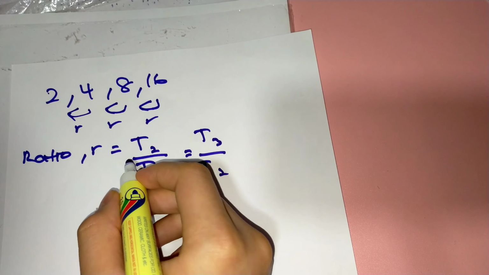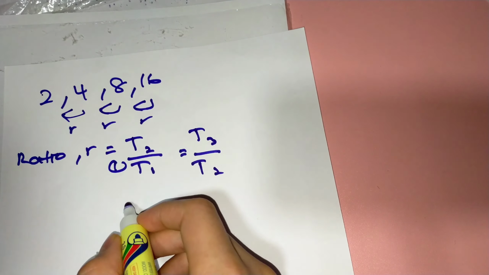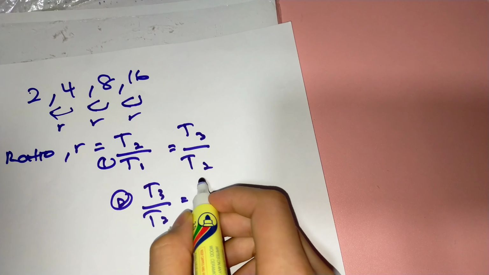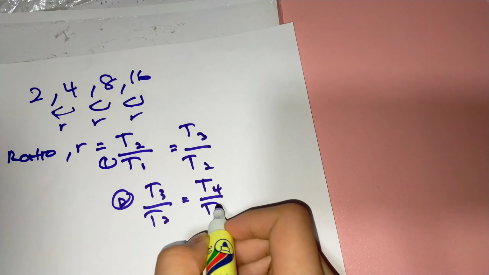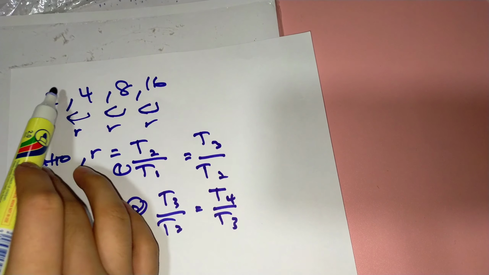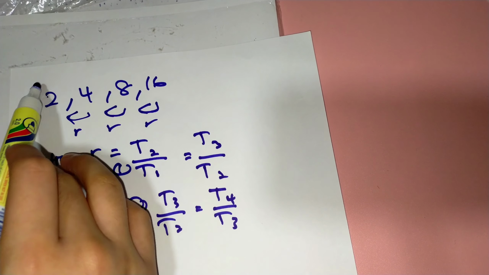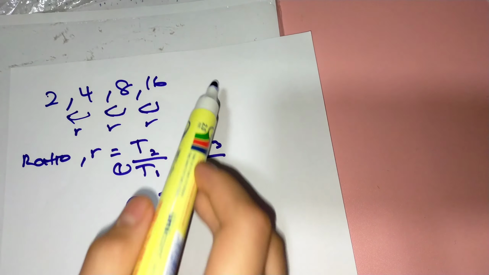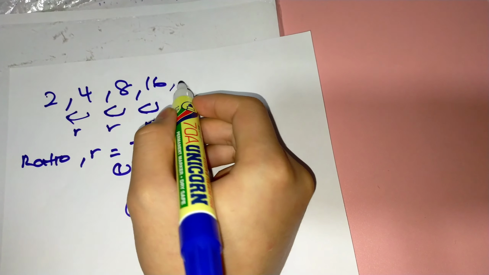We have learned that in a group of numbers, the first number is the first term, the second is the second term, and we proceed like this.